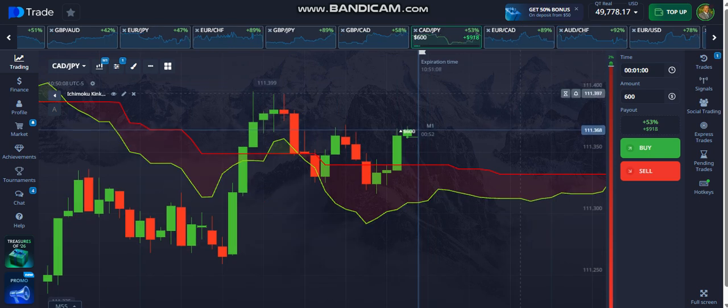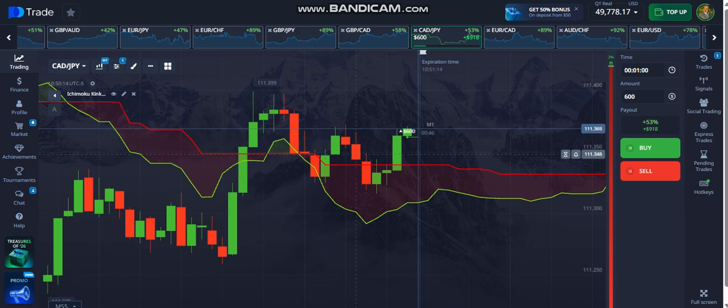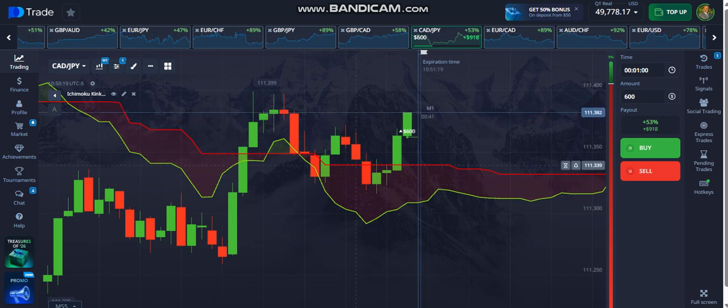Okay. So I'm on the Canadian dollar, Japanese yen. And why I took this trade is because first I noticed the price entered the cloud area here between the red and the green lines. And that's what we're looking for. We want the price to be within the cloud first.